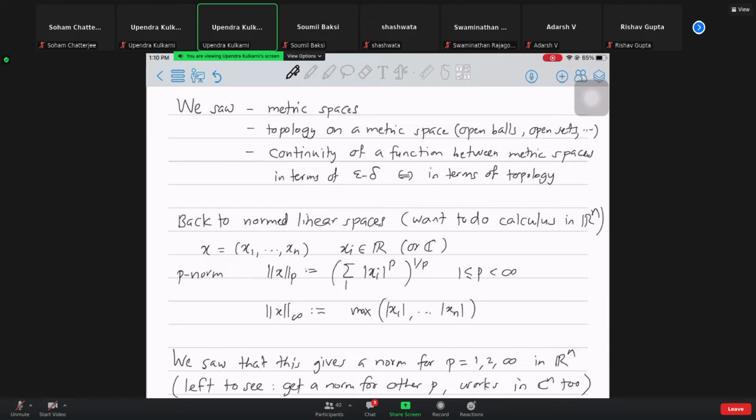Perfectly valid. Square root of 2 is bigger than 1, so this is a perfectly valid norm. And the answer is yes. This is a norm, and all possible norms on a finite dimensional vector space are equivalent. We will see this as a consequence of Heine-Borel.